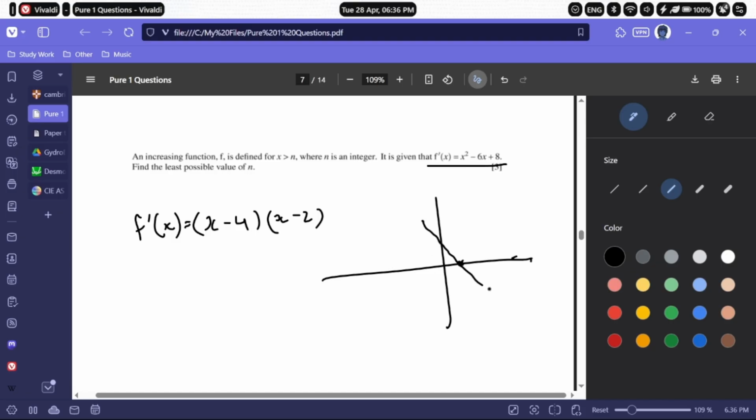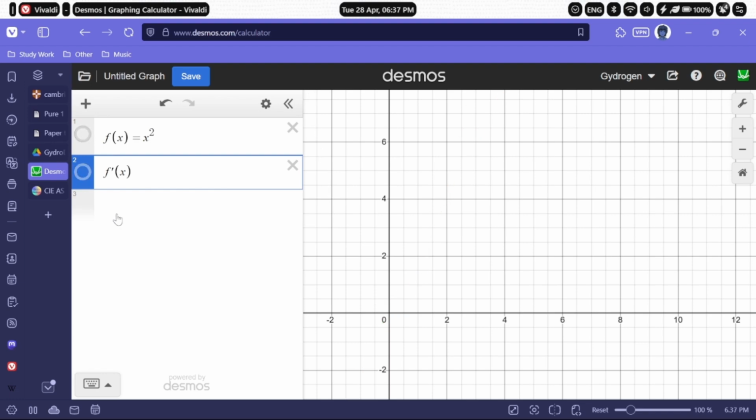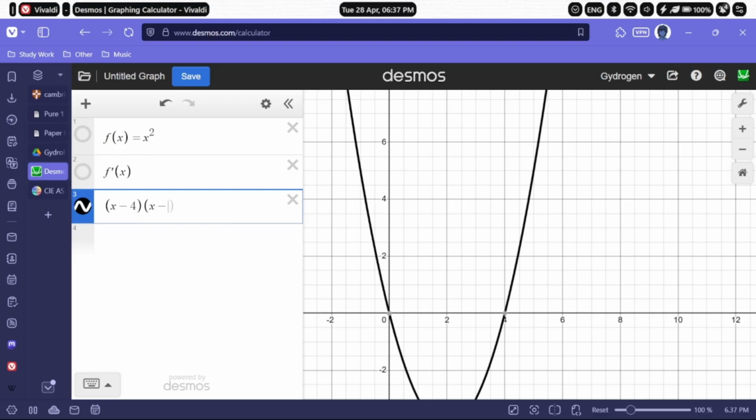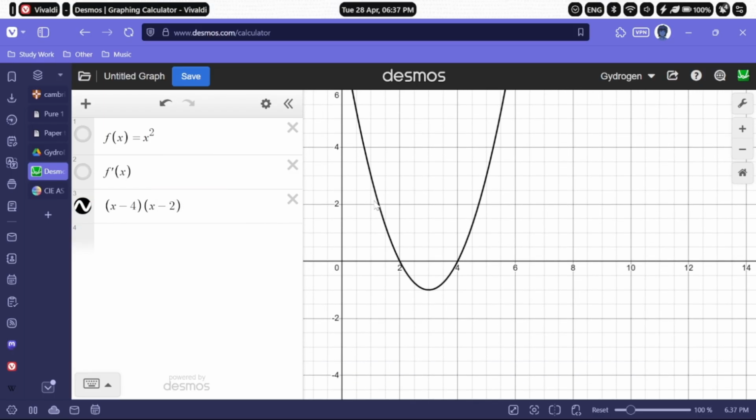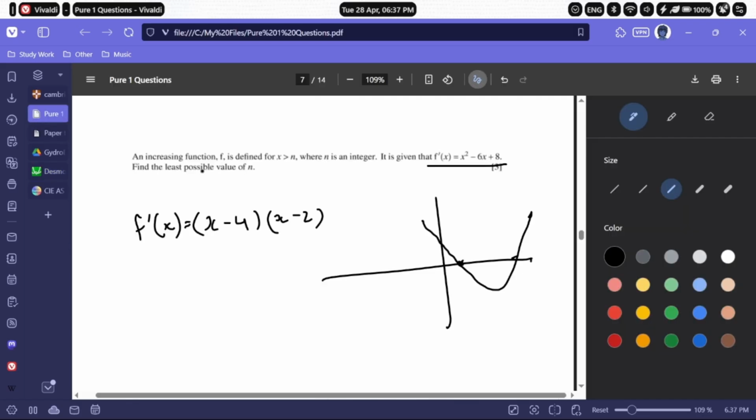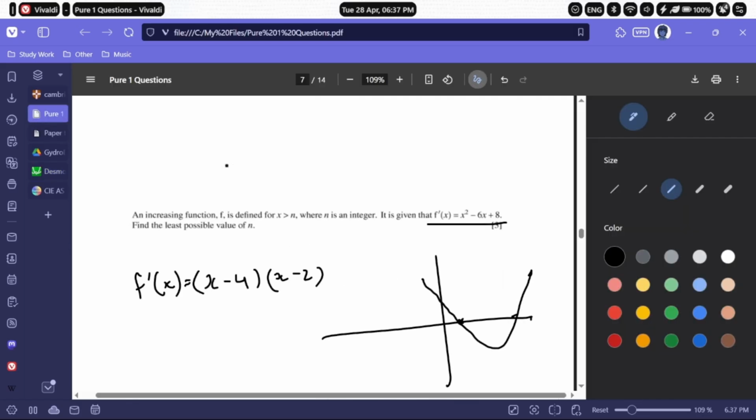So your f prime of x would be something like this. You can verify that by looking at this over here if you want, although you won't really have this most of the time. So this is your f prime of x, right? Now they're telling you that your curve f of x is an increasing function, and there's some domain given, which means for all values of x in it, your function has to be increasing.